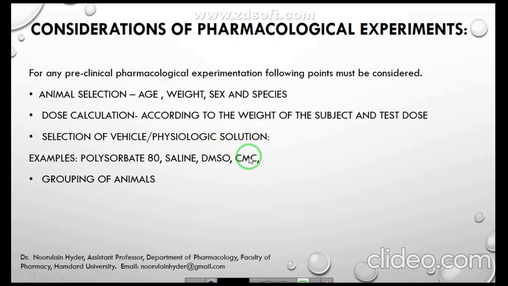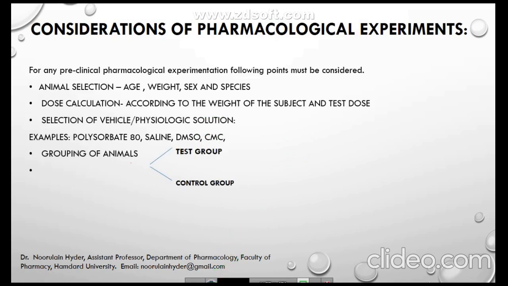CMC is carboxymethyl cellulose, also known as cellulose gum. It is a derivative actually of carboxymethyl groups. It is often used as sodium salt, sodium carboxymethyl cellulose.